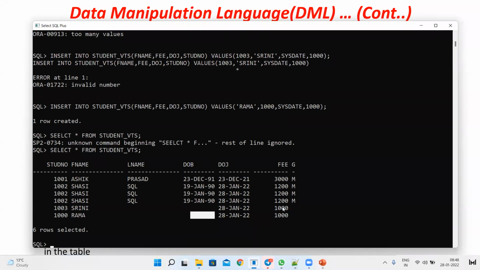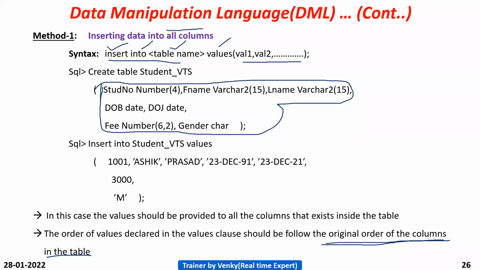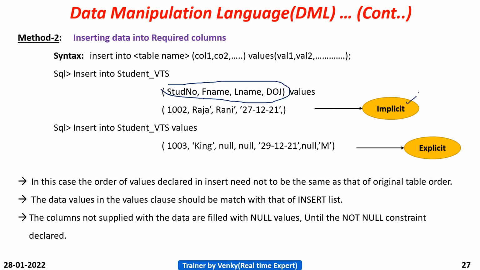If Oracle server automatically inserts the null values, that is called implicit null. So when you are inserting data for only four columns, for the remaining three columns Oracle server automatically inserts the null values.